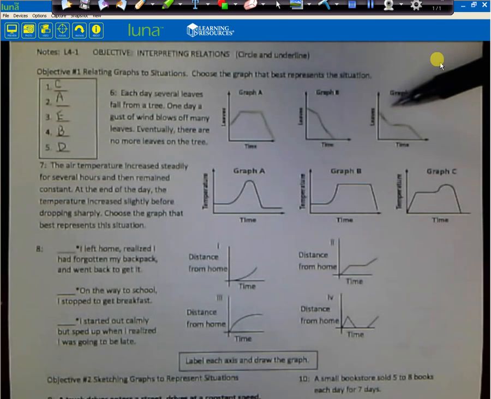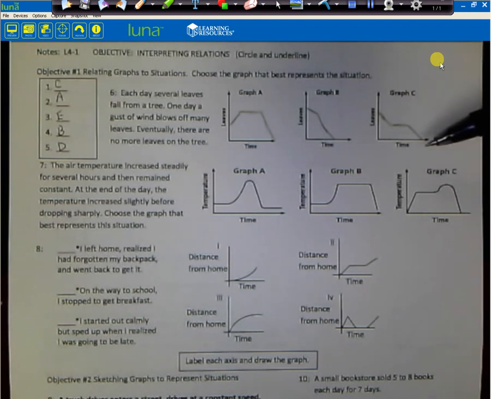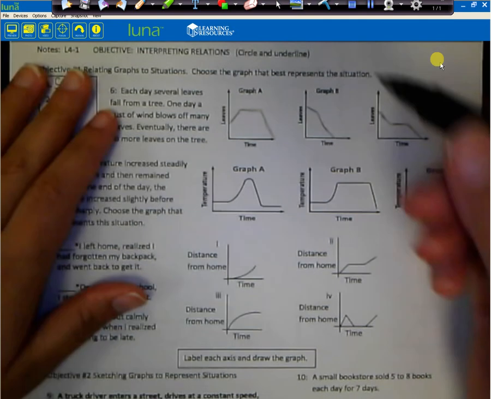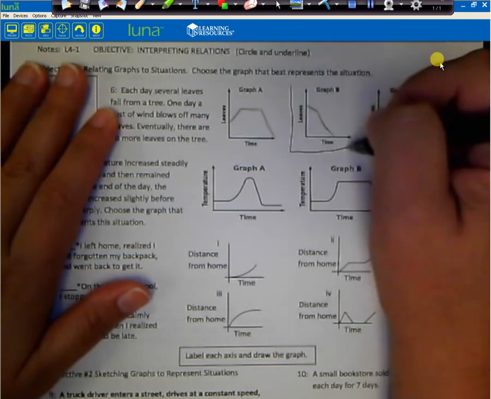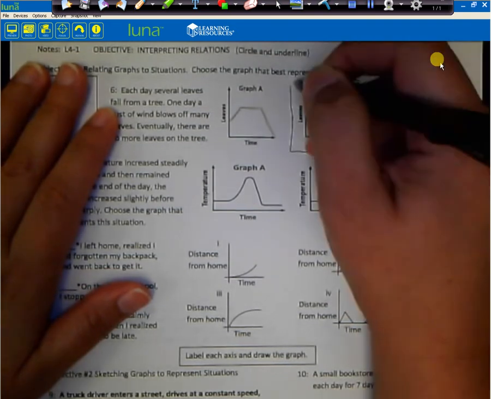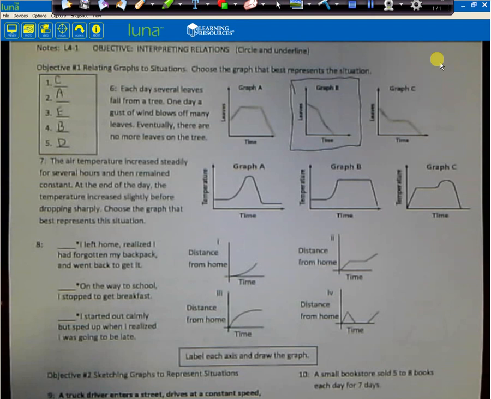On C, it's saying the number of leaves went down, and then the number of leaves stayed the same, and then the number of leaves went down. Nowhere in here did it talk about the number of leaves staying the same. So our correct answer is graph B. So go ahead and put a box or a circle around graph B, because that one is graph B.